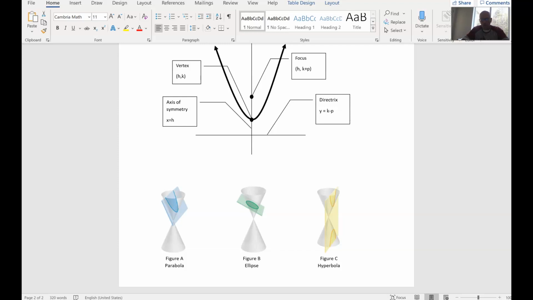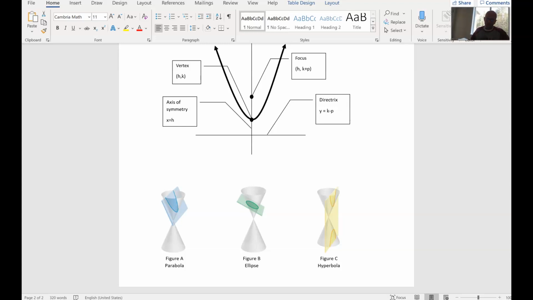It's going to go through both, but it's not flat. That's going to produce an ellipse, which is kind of an elongated circle. And then this last one, where I'm slicing straight up and down, produces what is called a hyperbola, where it's kind of like two parabolas facing away from each other, and they can go up and down, or they can go right and left.